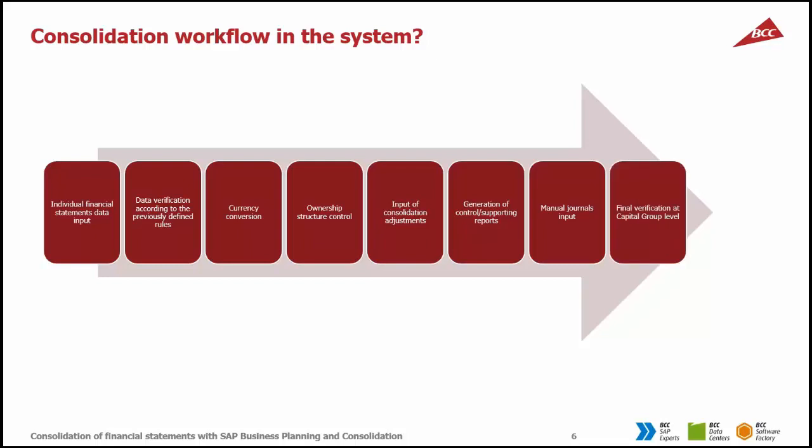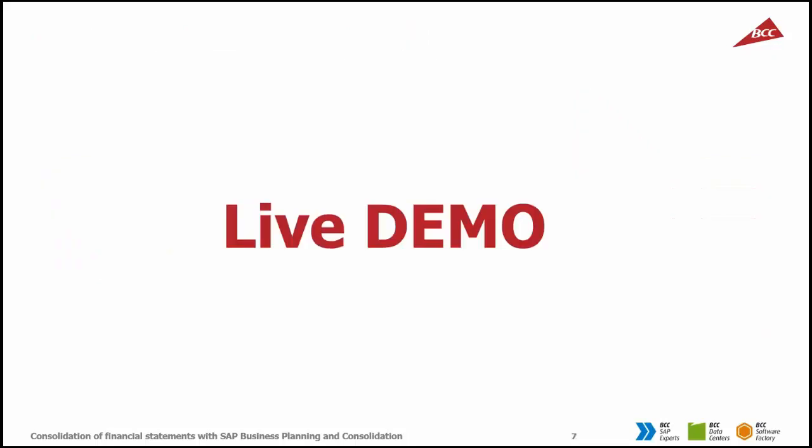And at the end, you go to the final verification, and you can generate the consolidated financial statement. Of course, you can also produce some explanatory notes required by a capital group. So now we can move to the live demo.